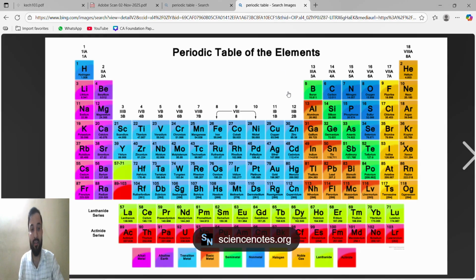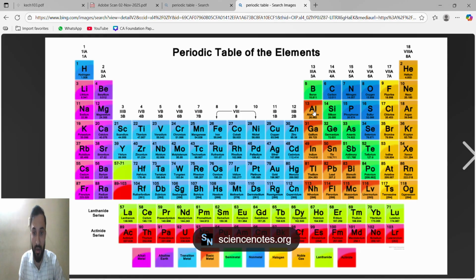Like the boron group, or boron family. We focus on three things: physical properties, chemical properties, and valence electron. Every element will follow the same physical and chemical properties and valence electron.